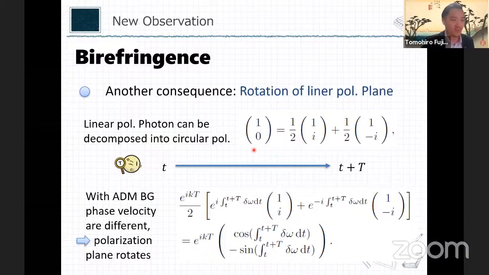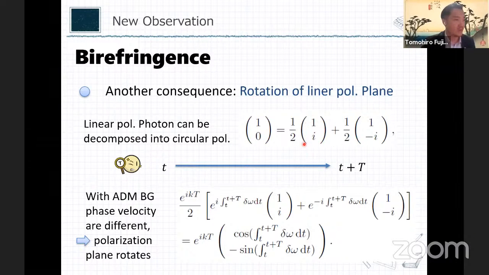I suppress the z component because I assume the photon is propagating along the z-axis, and the photon is a transverse mode. So the z component is always 0. And as we learned in undergrad, linear polarization can always be decomposed into circular polarization modes.